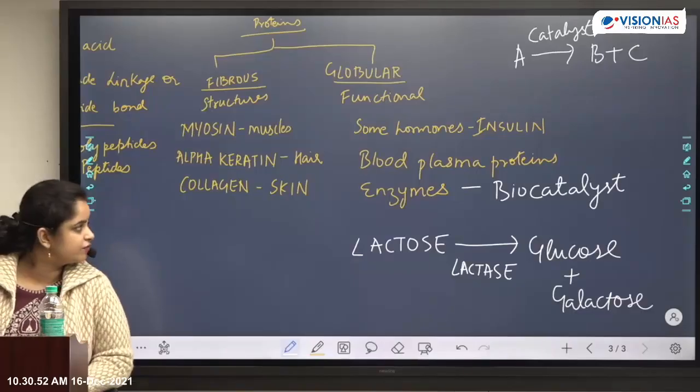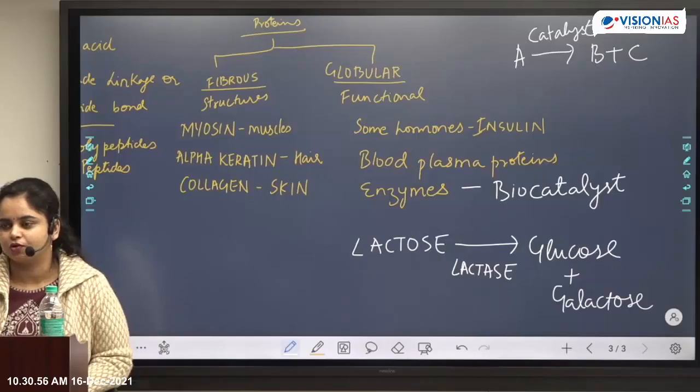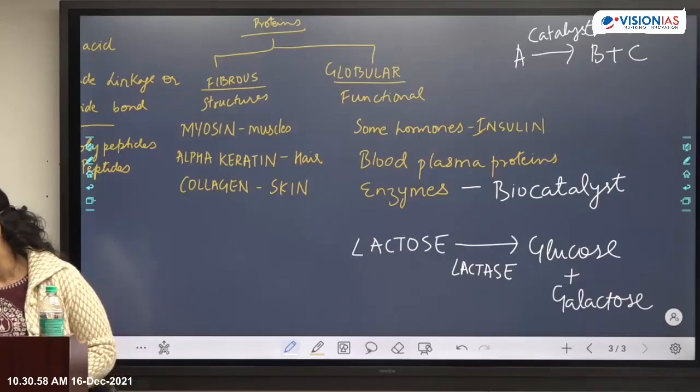Okay, and then of course we have the examples of globular proteins.